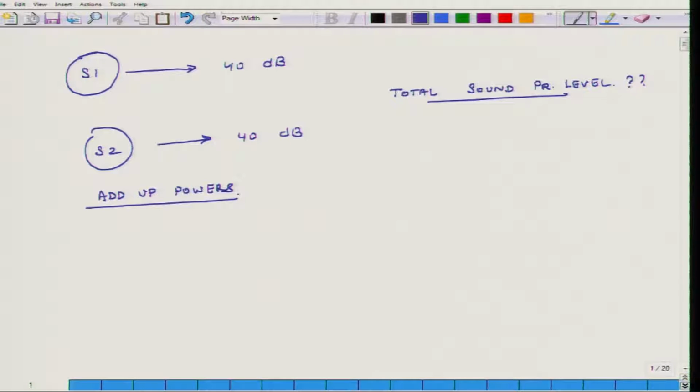Okay. We add up powers. So, we know that LP equals 20 log10 of P RMS by P ref, and this is equal to 10 log10 of P square by P ref square.